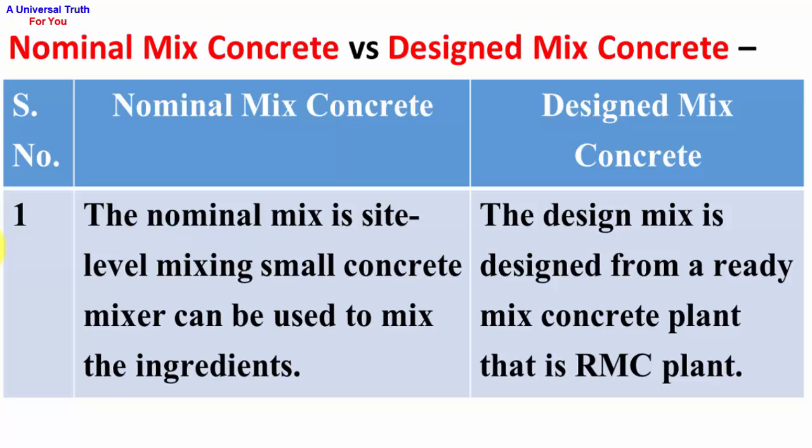This is the table of nominal mix concrete and design mix concrete differences. So first point is, in nominal mix concrete, the nominal mix is site level mixing. A small concrete mixer can be used to mix the ingredients. In design mix concrete, the design mix is designed from a ready mix concrete plant, that is RMC plant.